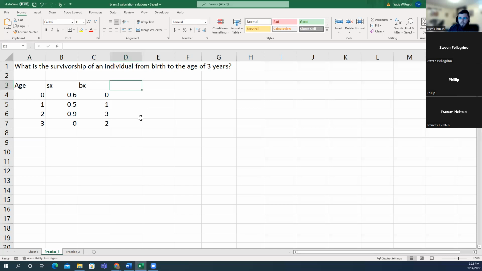Is there an equation that we could use? So we know we want this, right? Do we know any values of L sub X that are always constant?